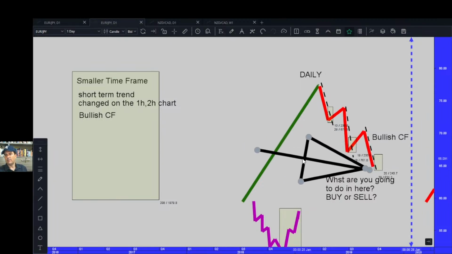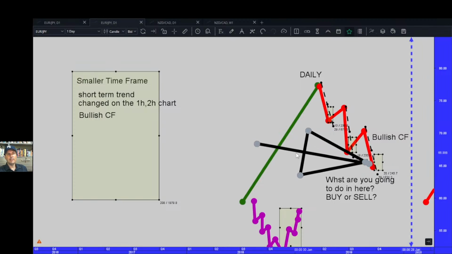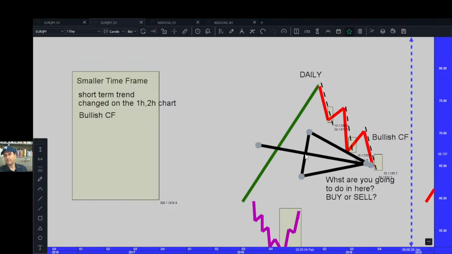Back in time, 20 years ago, I was looking at the analyst from 3 different brokers. All of them are telling me this market goes up, and I bought the bullish candle and I lost. Of course we lose, because I went against the downtrend.